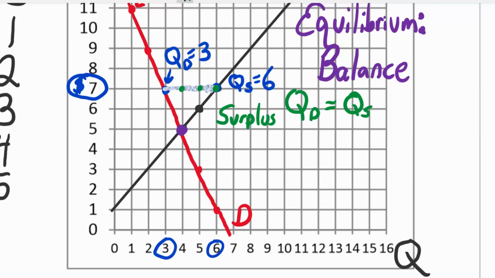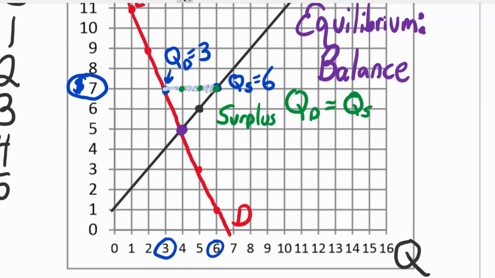Okay, well, what's going to happen next? If you're a business and you thought you were going to sell 6, but you only sold 3, and you had 3 left over, what are you going to do tomorrow differently from what you did today? Well, you're going to be doing 2 things. Number 1, tomorrow you're probably going to produce less because you have a lot left over, right? And the second thing you're probably going to do is lower your price to try to get rid of this surplus.